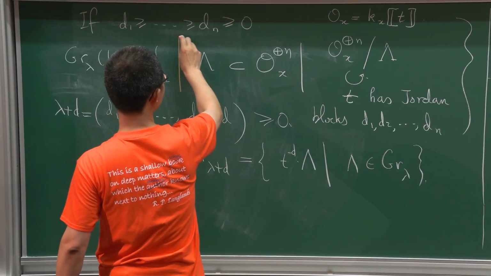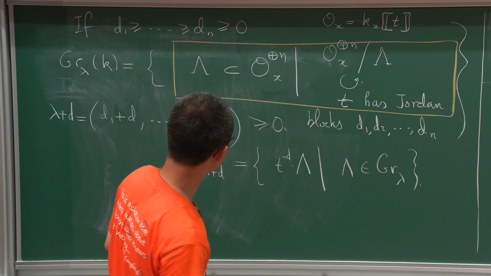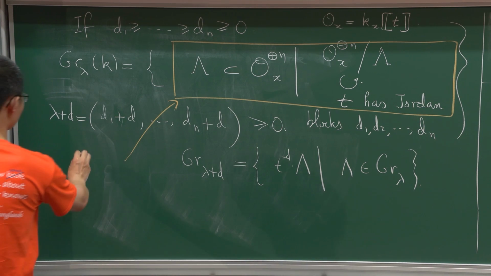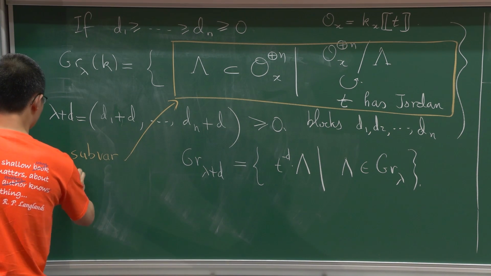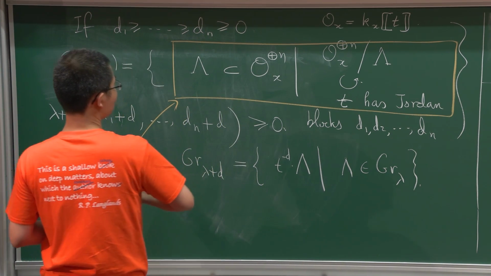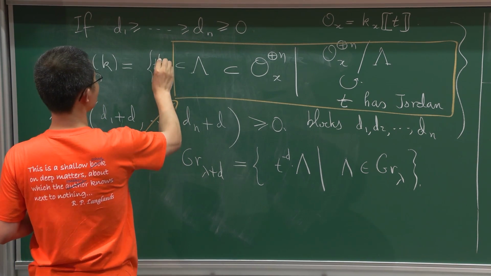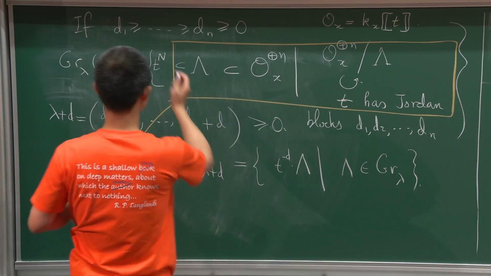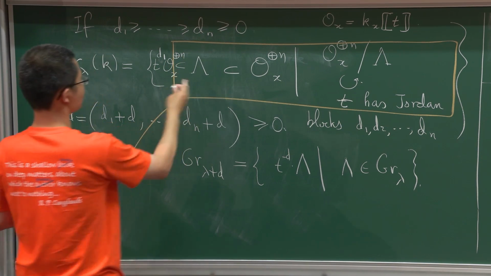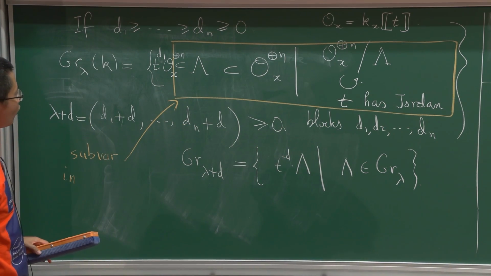If I look at this more concrete description, you can easily recognize it as some subvariety in a Grassmannian variety, because implicitly this lambda will have to contain t to the d1, some rescaling of the standard lattice, because the longest Jordan block has size d1.